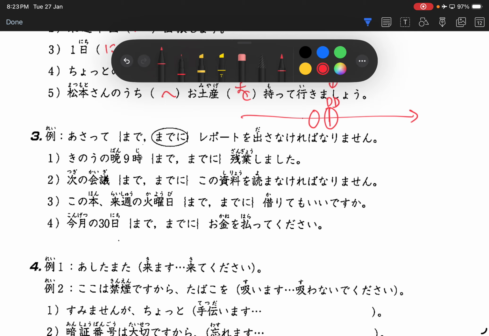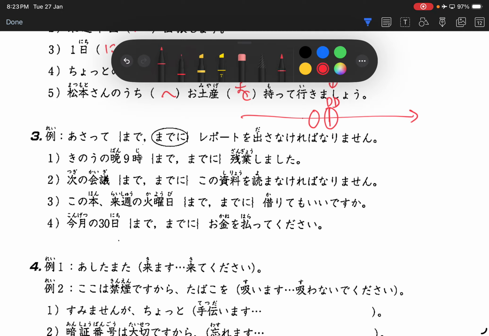Number 4, 今月の30日までにお金を払ってください。Right, this one is okay. Please pay by the 30th this month. まで is wrong because 30日まで would mean until the 30th, please pay.